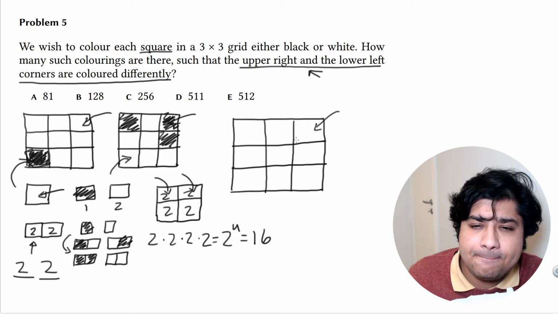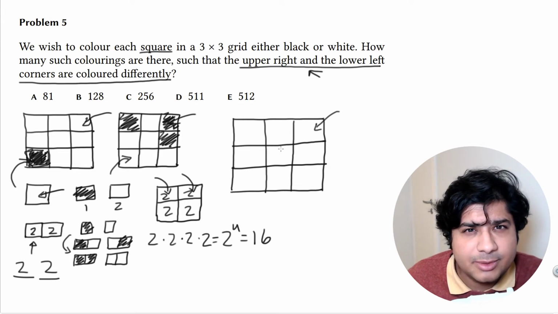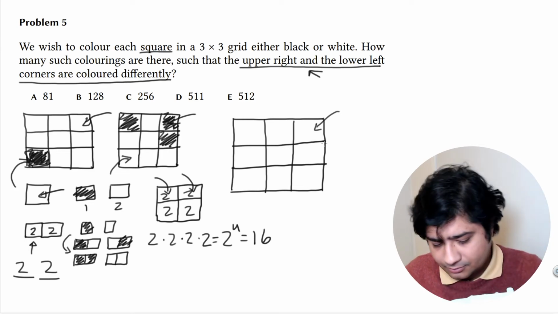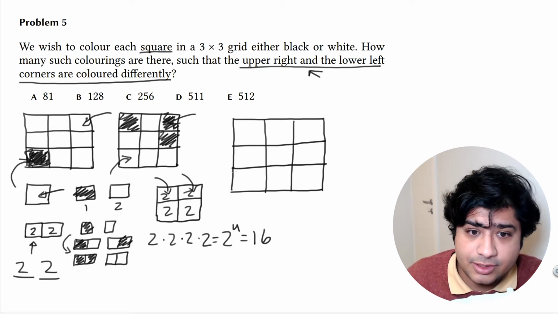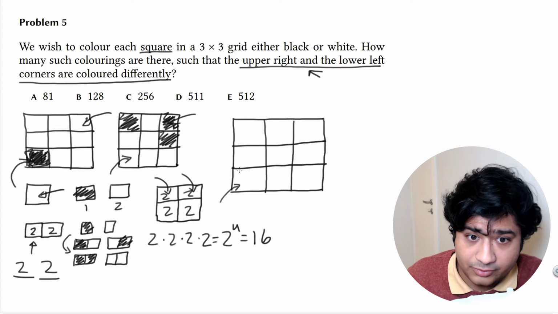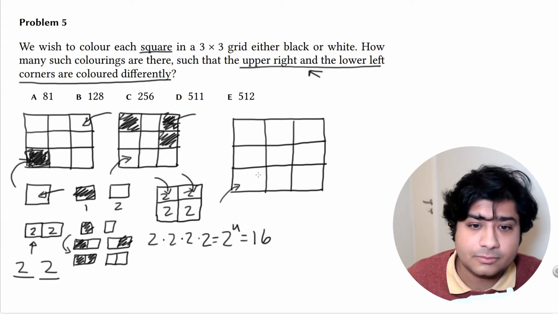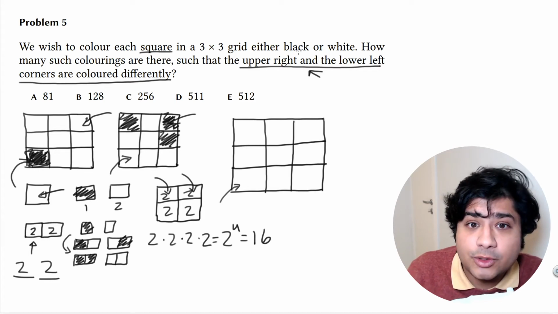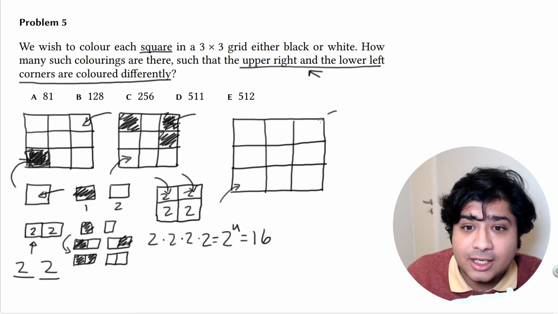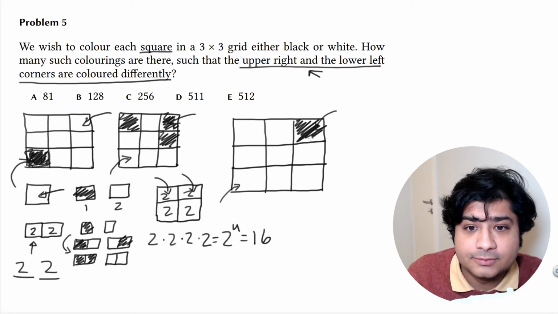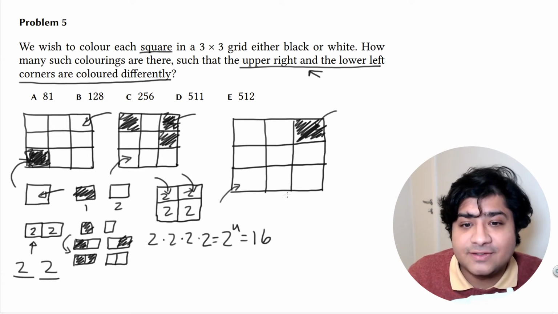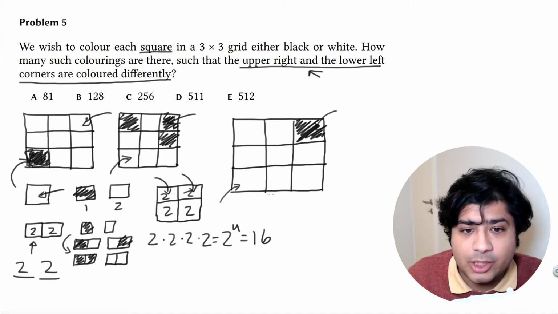So let's look at the different possibilities we have just for that. So one option could obviously be that this one is colored white. Then, in order for this to be true, this one must be colored black, right? That's one. And then, of course, the rest of them can be colored whichever one.